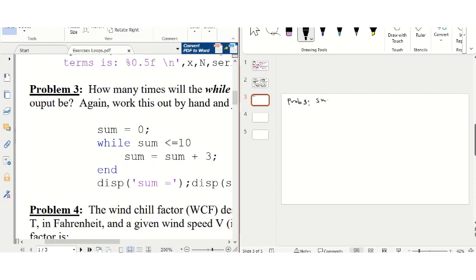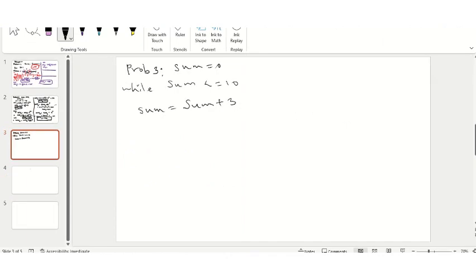Sum is equal to 0, while sum is less than or equal to 10, sum is equal to sum plus 3. Right? Okay. Let's check with this.